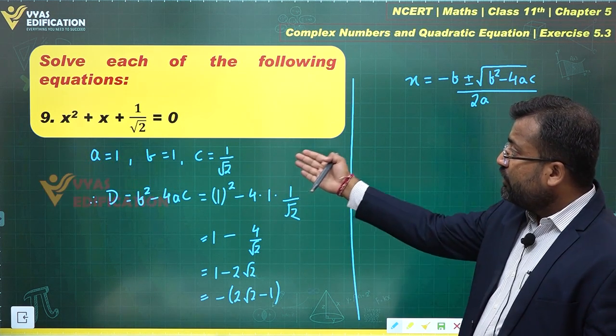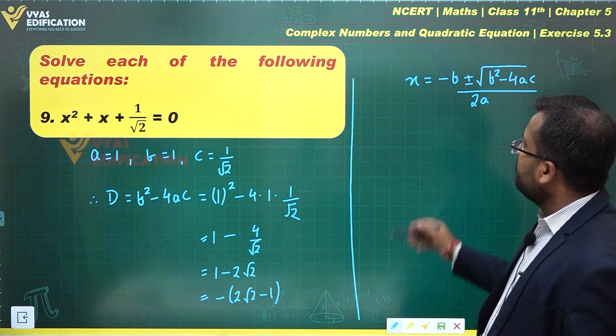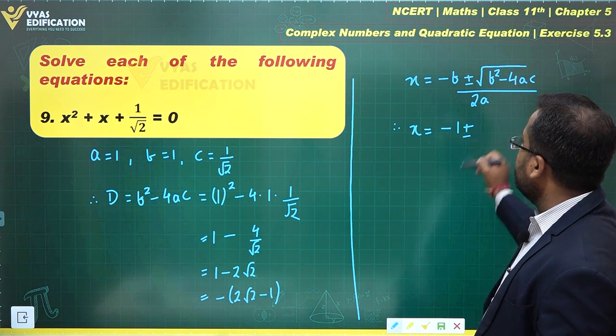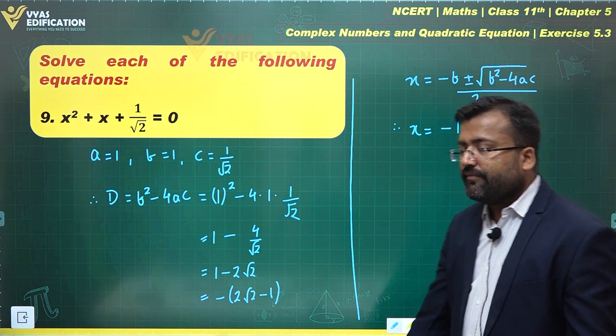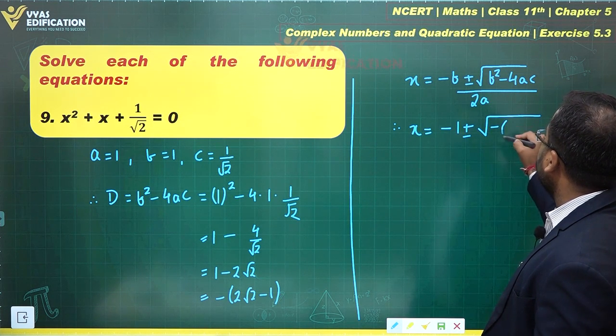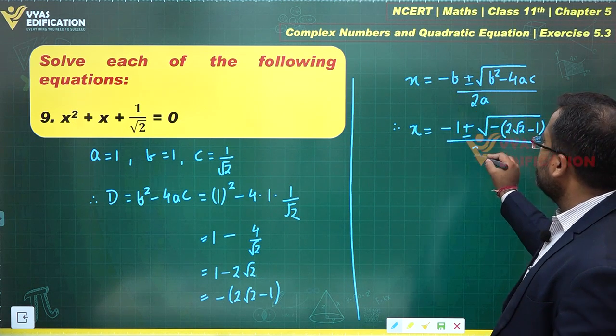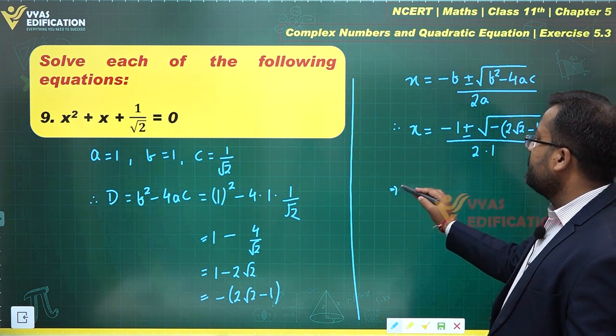And we already know the values of ABC as well as discriminant D. Therefore, x equals minus b plus minus under root of this whole thing, minus 2 root 2 minus 1, upon 2 times a, which is 2 times 1.